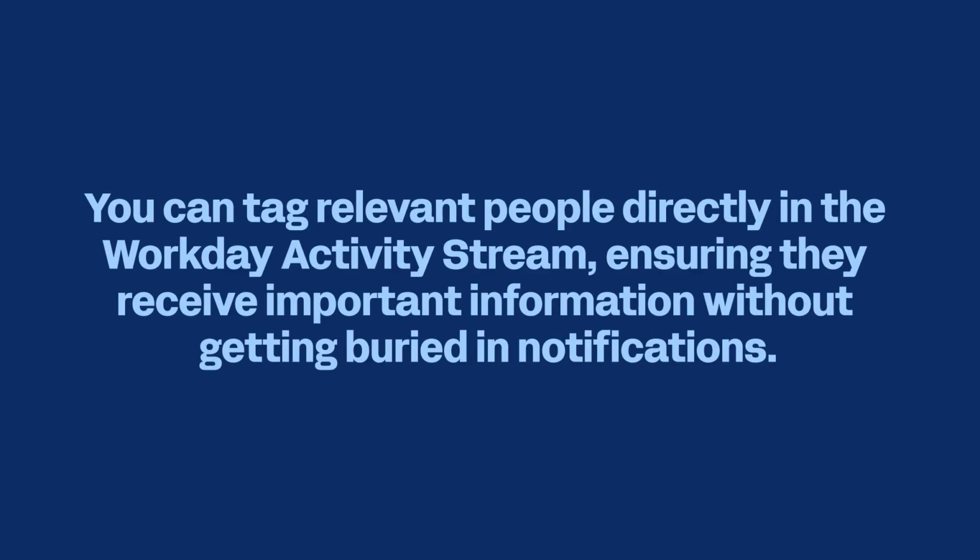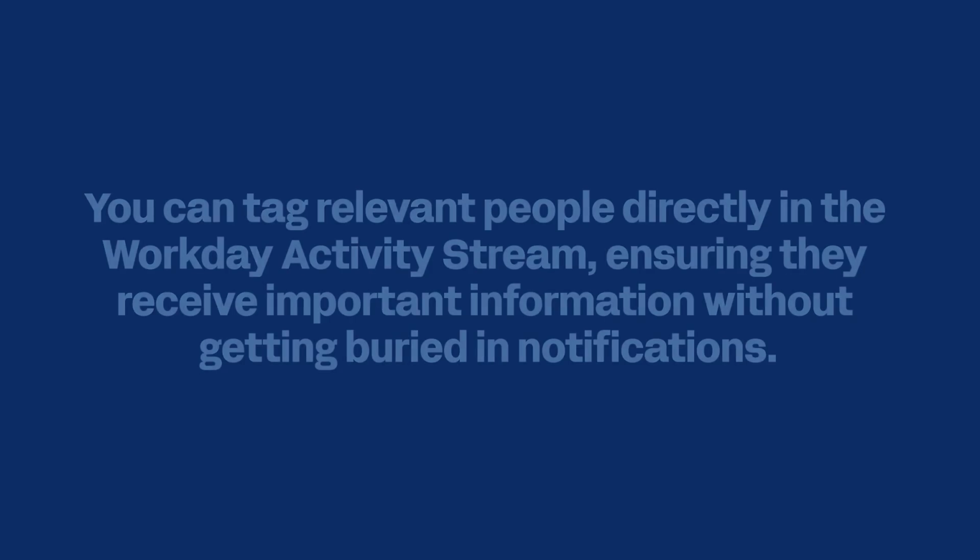You can tag relevant people directly in the Workday activity stream, ensuring they receive important information without getting buried in notifications. By understanding your company's notification culture and tagging strategically, you can focus on the people who you truly need to involve to move the candidate forward.